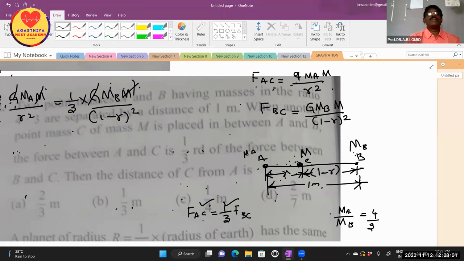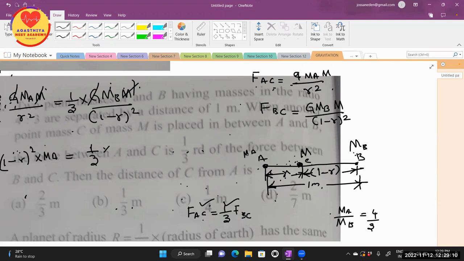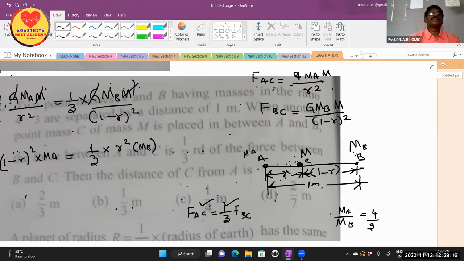MA divided by MB is 4/3. Or shall we cross multiply? See, (1 minus R) whole squared into MA equals 1/3 R squared into MB. Okay?